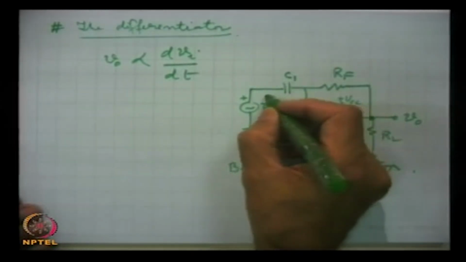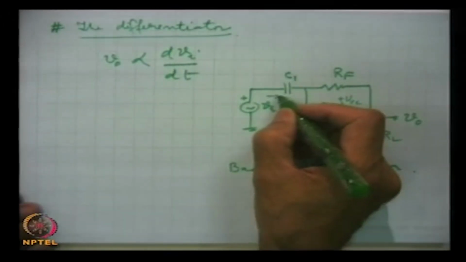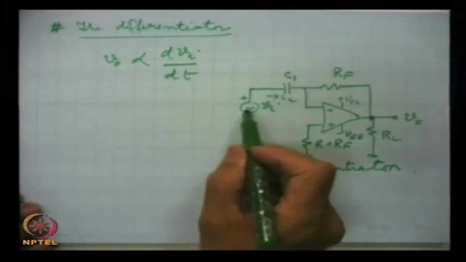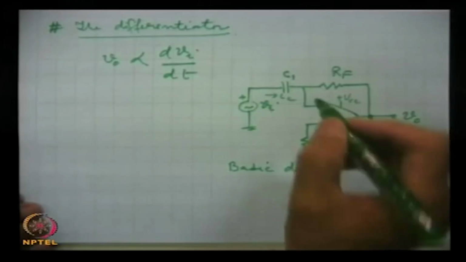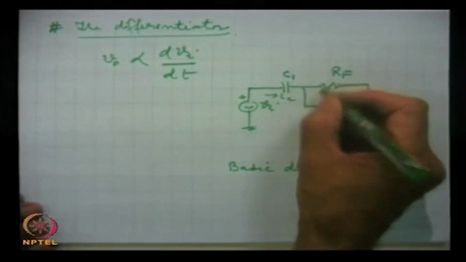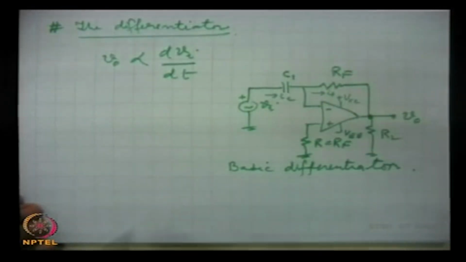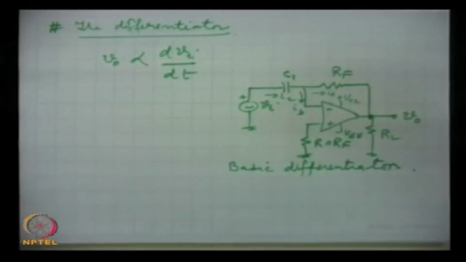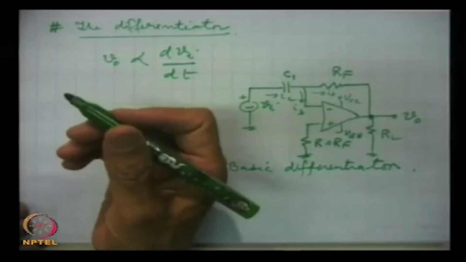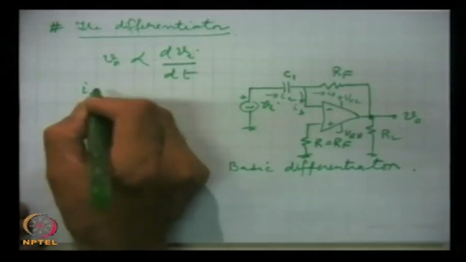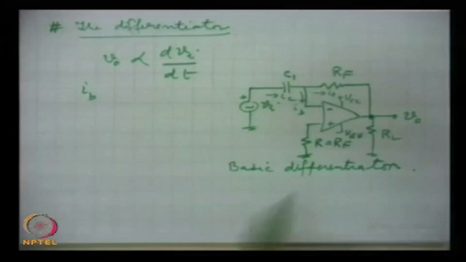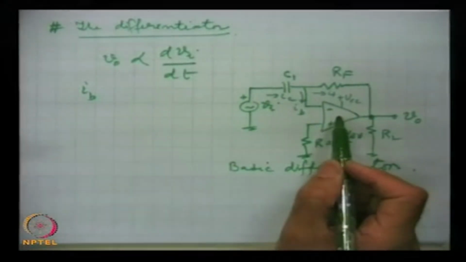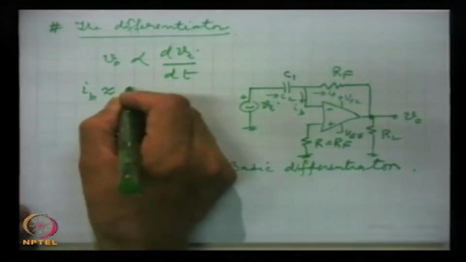This is the charging current IC which the signal Vi will send, and here is current IF. This is the small current IB, and this repeatedly is being said that because the input impedance of the device is very high, in 1 or 2 megohms, IB can be taken as 0.